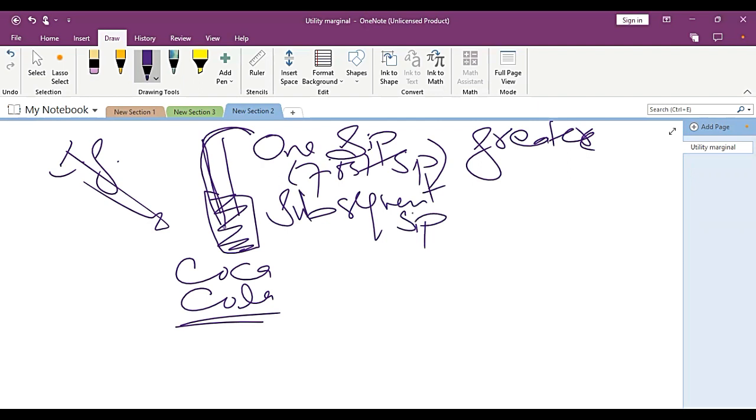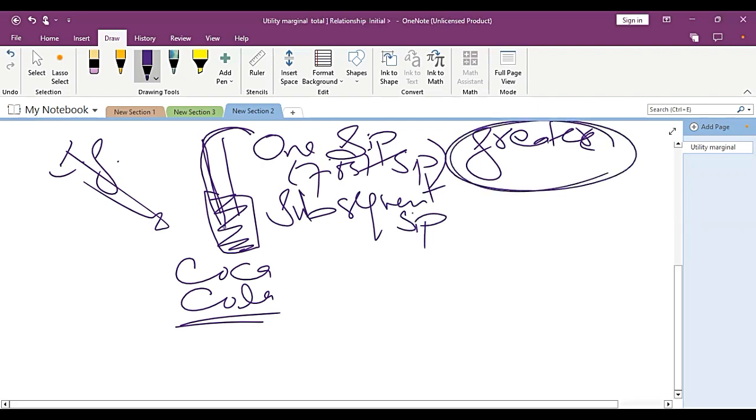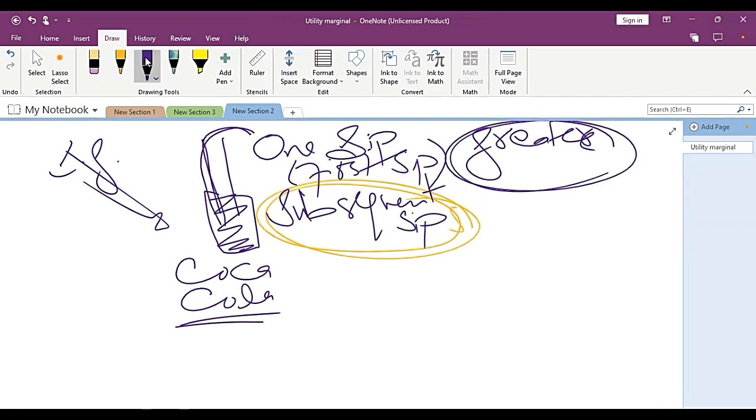So the utility of the very first unit is always greater than all subsequent sips.